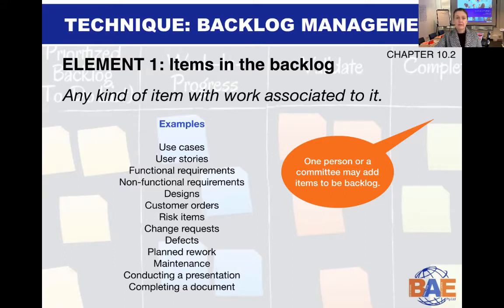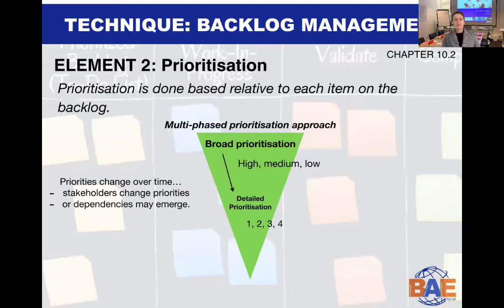All right, so now let's jump into prioritization. So ultimately, the prioritization is being done based on the relativity of priorities between the items on the backlog. And you know just as well as I do that priorities change, but you do your best with what you know at the time.